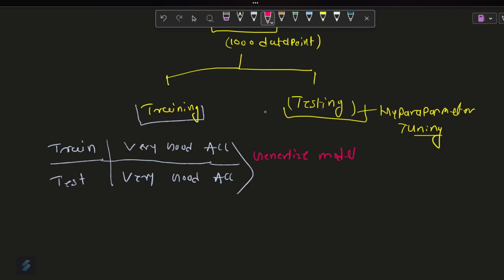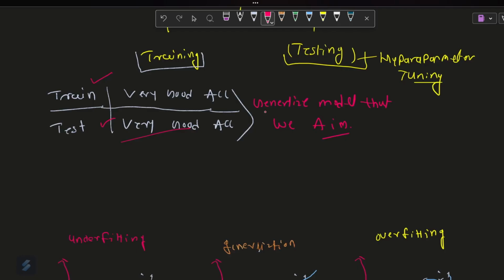What is your aim? The aim is to become a generalized model. Training as well as test accuracy, both very good, is what we aim for when we train the model.